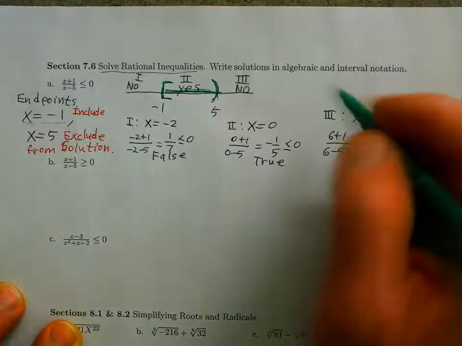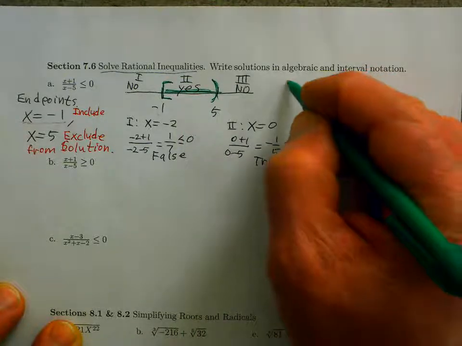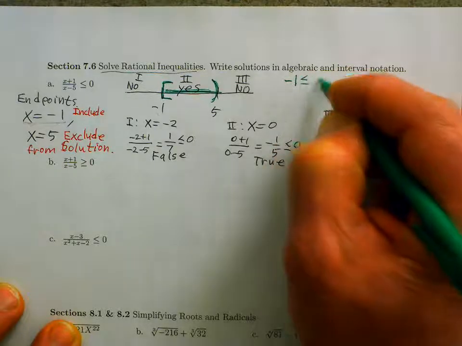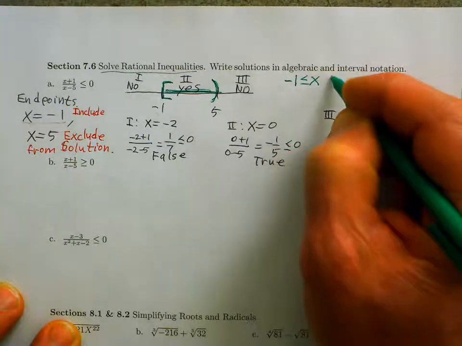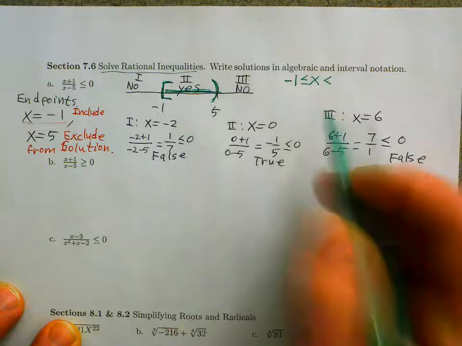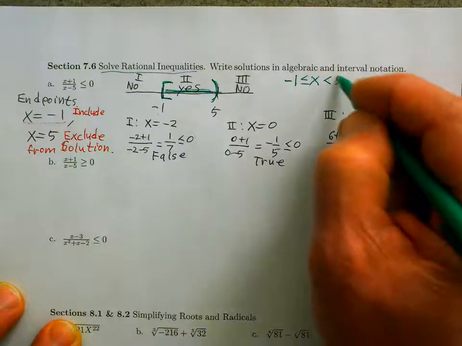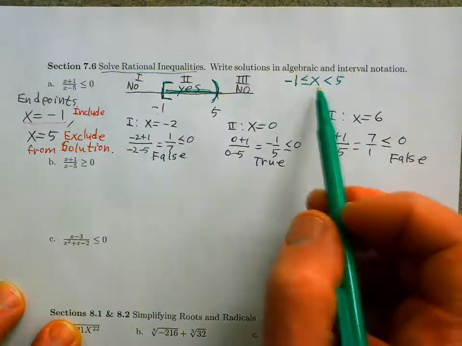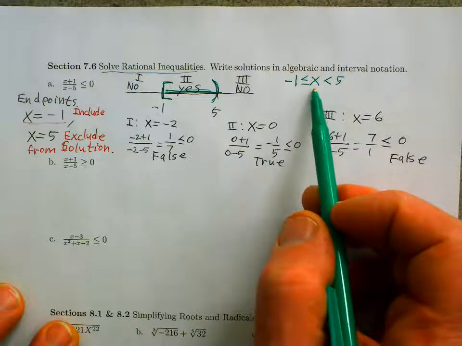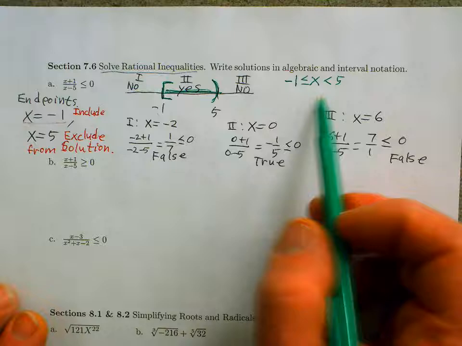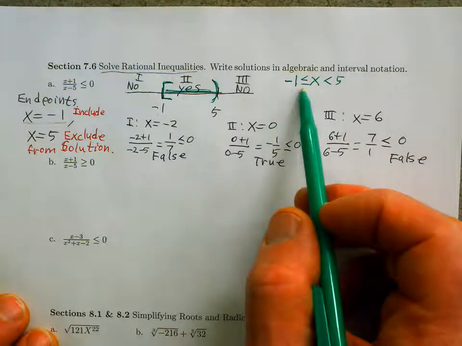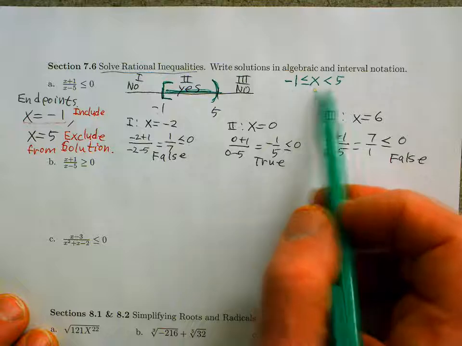The algebraic notation, we write -1 is less than or equal to x, which is less than 5. The word and is implied in this compound inequality, but we don't write the word and. -1 is less than or equal to x, and x is less than 5.